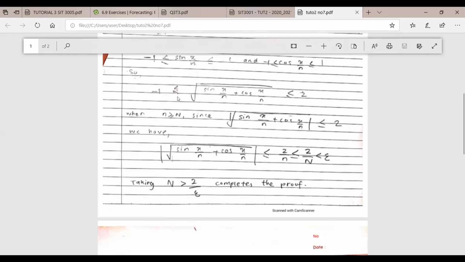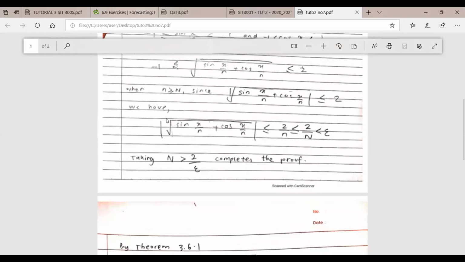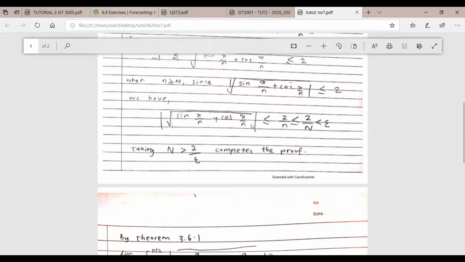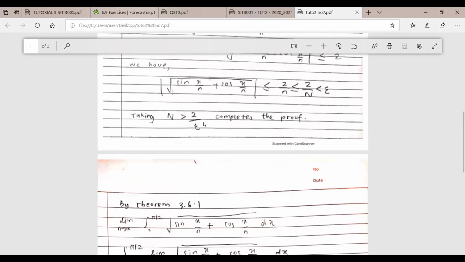So we bounded the function, the square root of sine x over n plus cos x over n, by 2 when n is greater than capital N. So we have the square root of sine x over n plus cos x over n less than or equal to 2 over n, less than or equal to 2 over capital N, less than epsilon. So we take N greater than 2 over epsilon, which completes the proof.